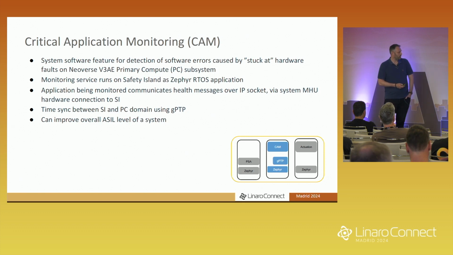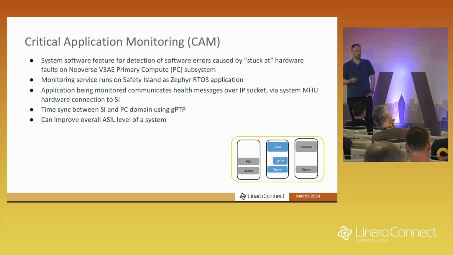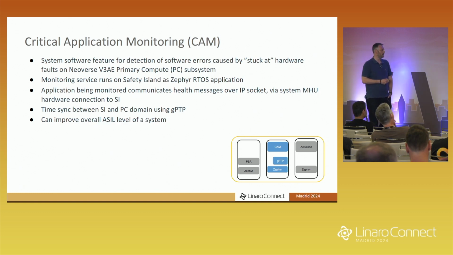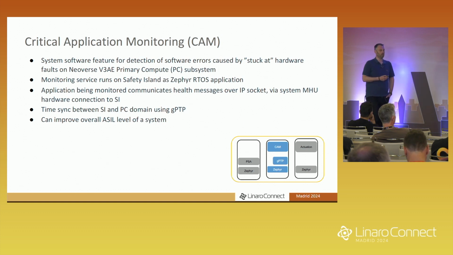So critical application monitoring. So this is the first use case that we'll talk a bit about today. CAMS, as we refer to it, is really here to help a system be able to detect when an application running on the primary compute exhibits some kind of fault, for example, a stuck-at hardware fault.